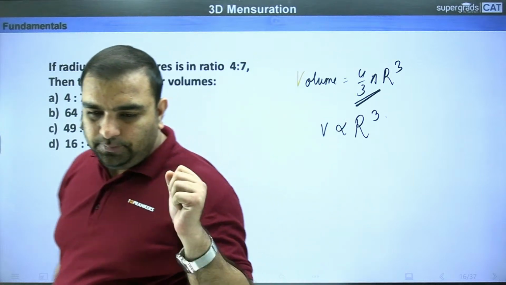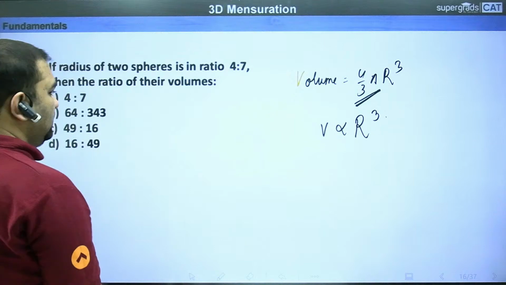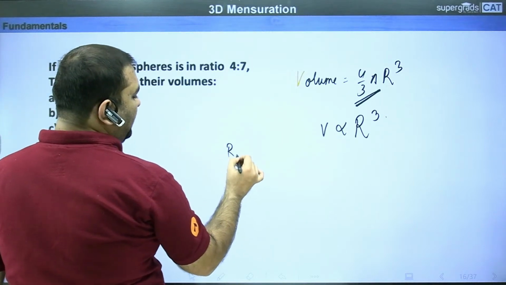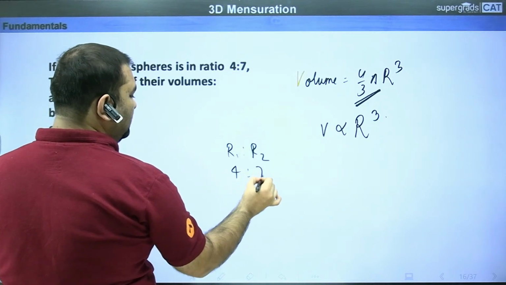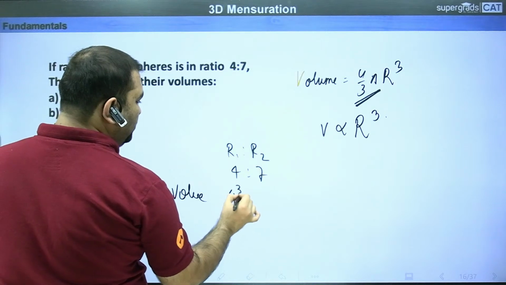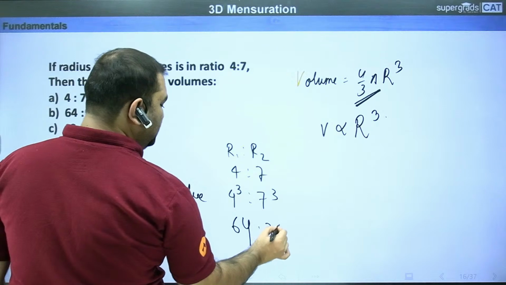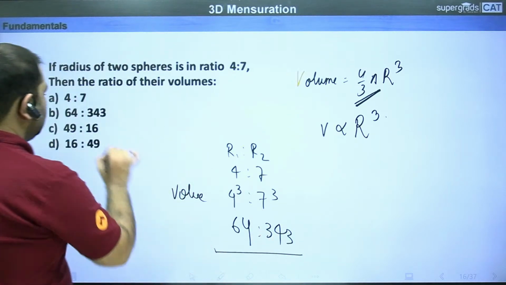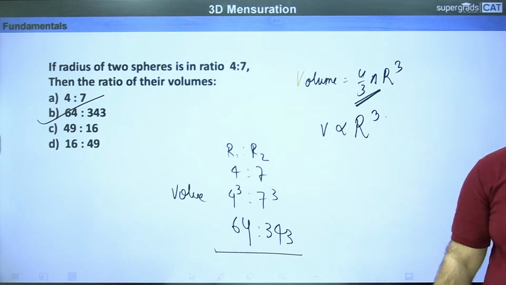So if the radii r1 and r2 are in the ratio 4:7, then volume would be in the ratio r1 cube to r2 cube, that is 64:343. है ना, बहुत सिली सा क्वेश्चन है.